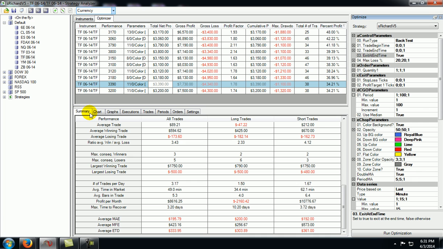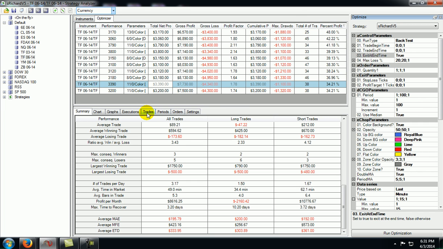So at any rate, I look at all of these things: the total net profit, the gross loss, the drawdown, the number of trades, the percent profitability.